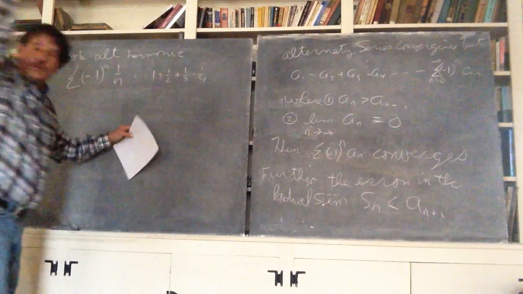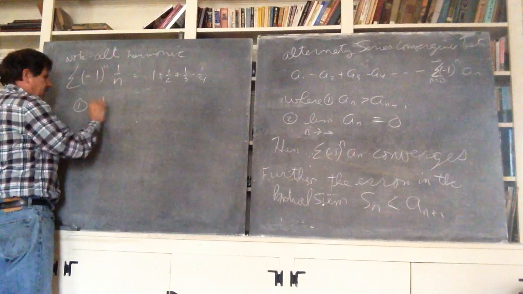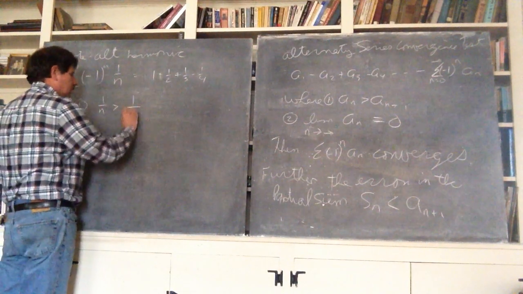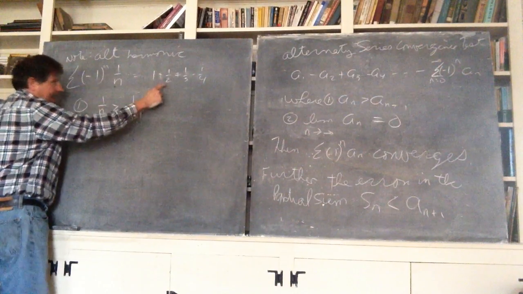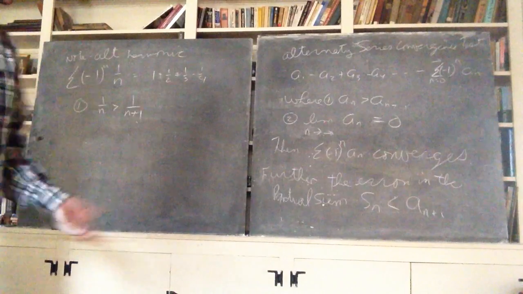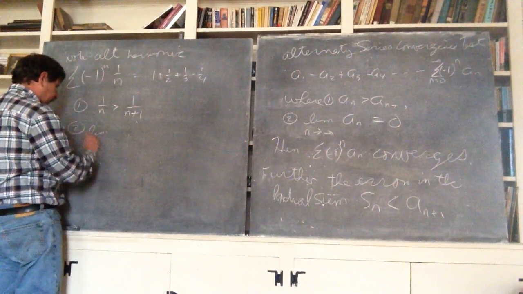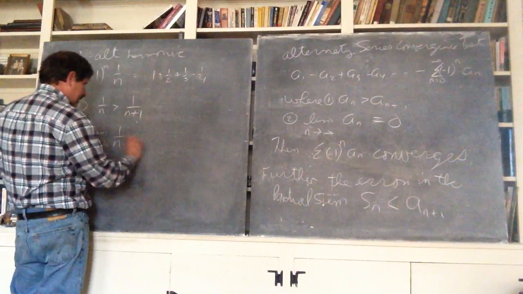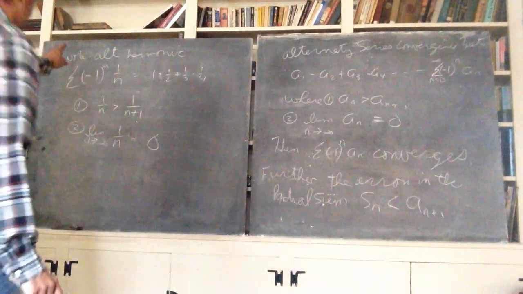Now, from the alternating series convergence test, there are 2 things that are true. One, clearly they're getting smaller. A half is bigger than a third, bigger than a fourth, bigger than a fifth, etc. Two, the limit as n goes to infinity of 1 over n is 0. So this converges.